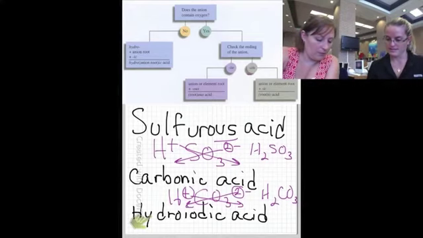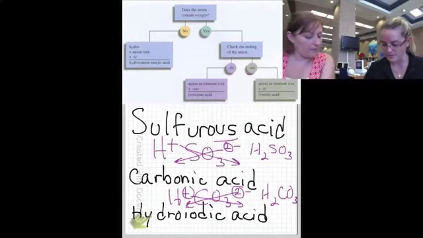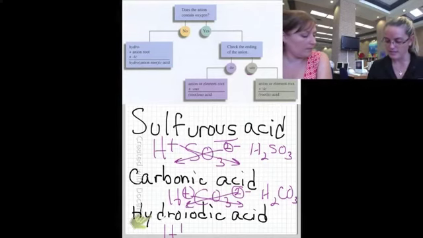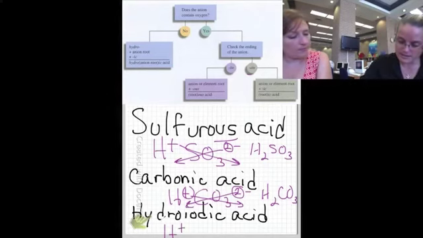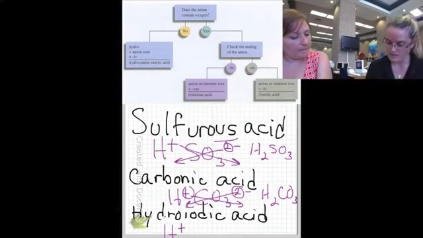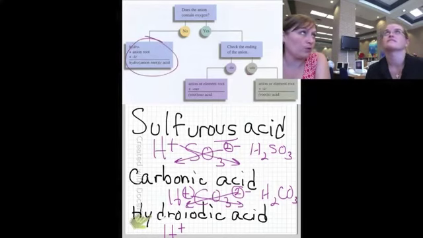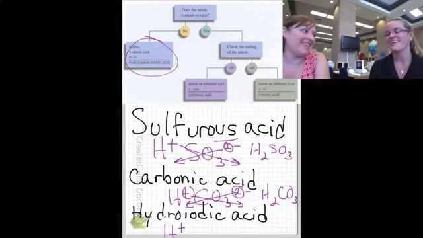Okay, and this, oops, sorry, trying to erase here. All right. So last one, again, it says acid, so I know I'm going to start because acids start with H's, and H plus. Hydro immediately tells me that I'm right here. Yep. So I want to take the root. Hydroiodic. What was iode? Is it iodine? Iodine. Oh, okay.